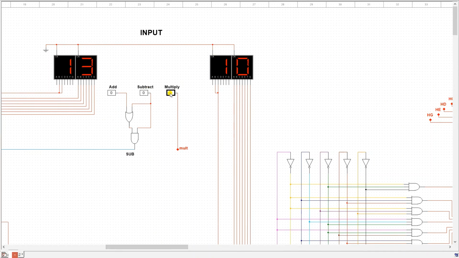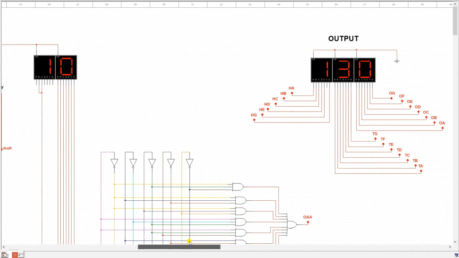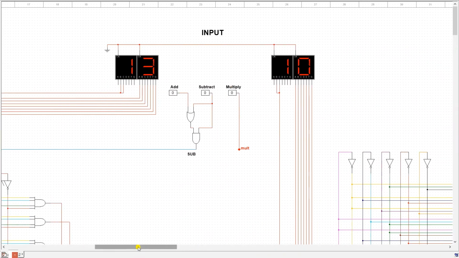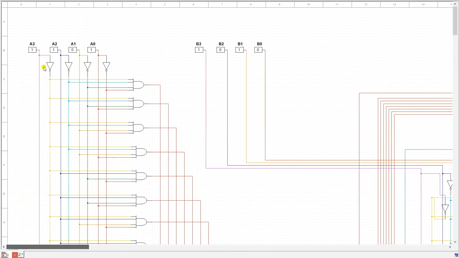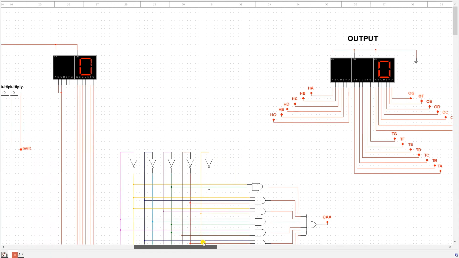If you multiply 13 and 10, the answer will be 130. Then we turn it off again and bring it back to 0, so it decodes 0 and 0 and 0.